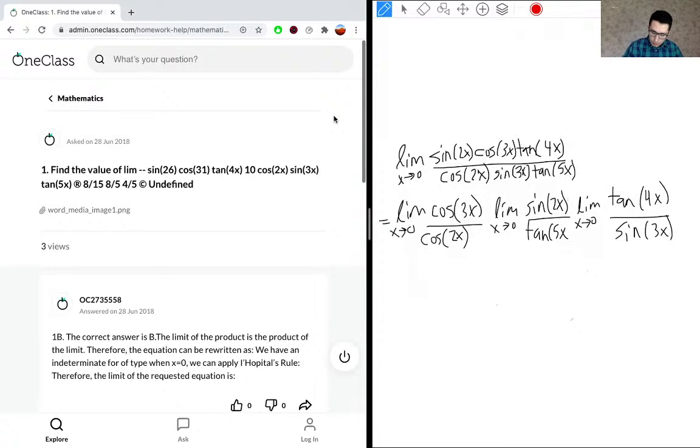And now we're going to use L'Hopital's rule. So for the first limit, we don't really need L'Hopital's rule. It's just 1 over 1, because cos 0 is just 1, so it'll just give us 1 over 1. And then the second one, we'll have the limit as x goes to 0. So the derivative of sine 2x will be 2 cos 2x.